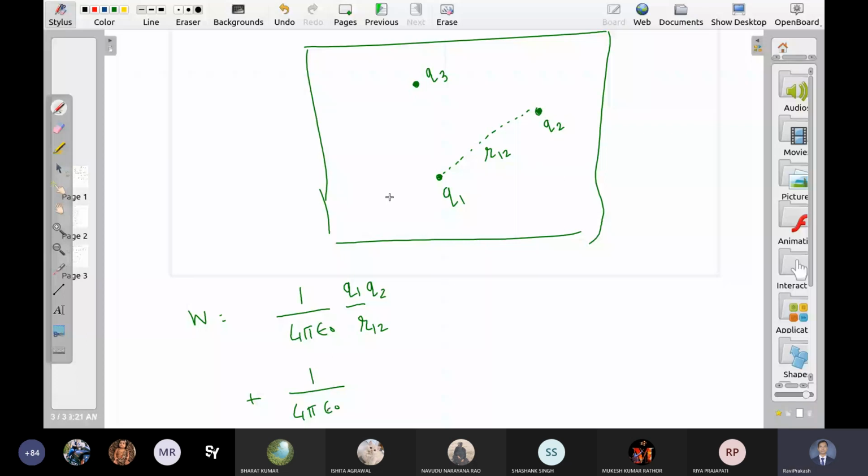Q1 upon R13. R13 means this distance, times Q3, plus potential due to this also, Q2 upon R23 into Q3, right?